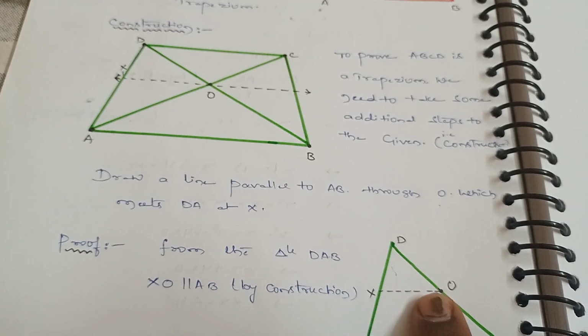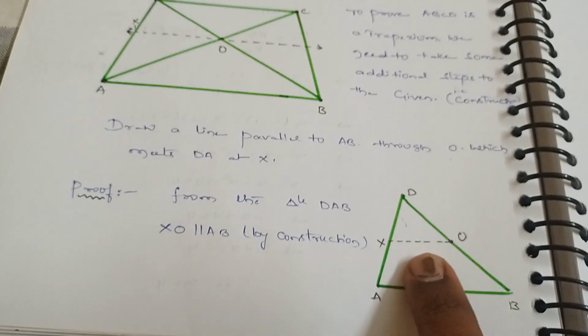To prove this theorem we have taken this part. Therefore XO is parallel to AB.